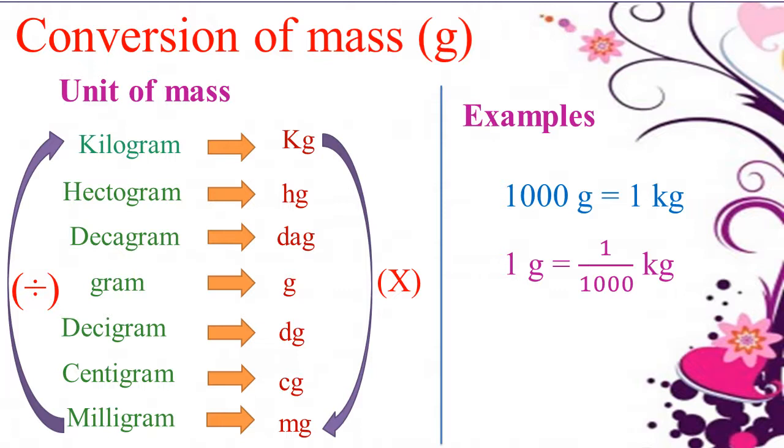So next, we want to convert to decimals. As there are 3 zeros in the denominator, we write the numerator and put a decimal point counting 3 digits from the right. So we get 0.001 kilogram.